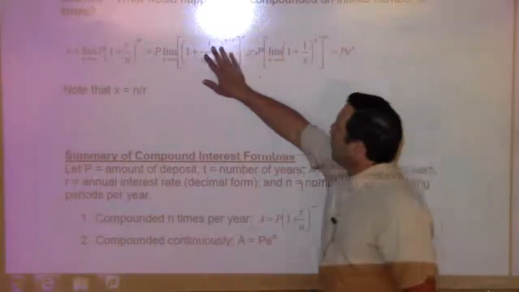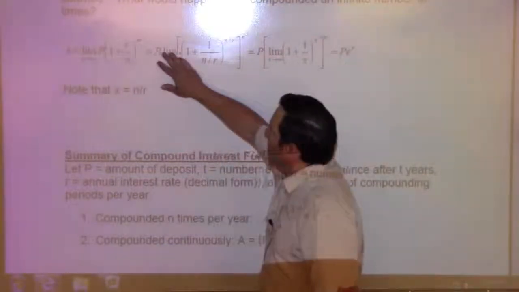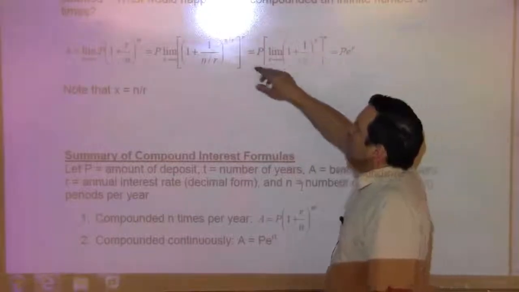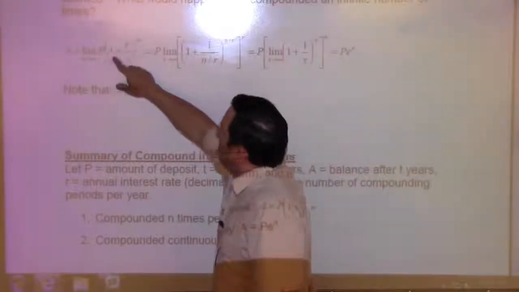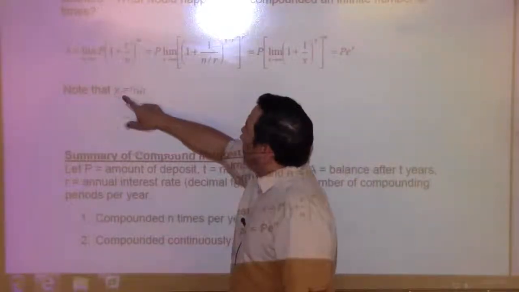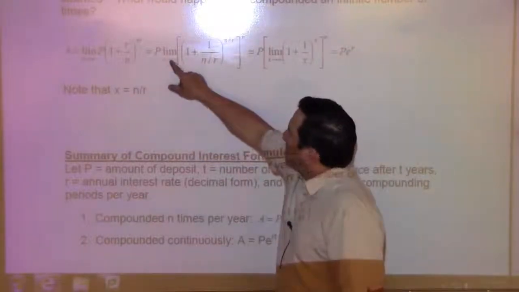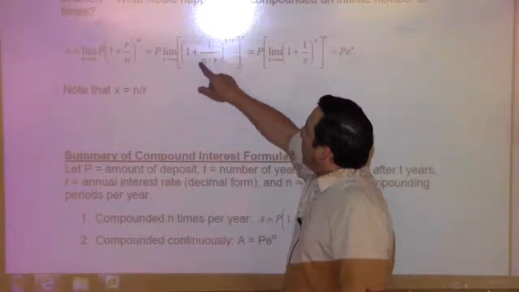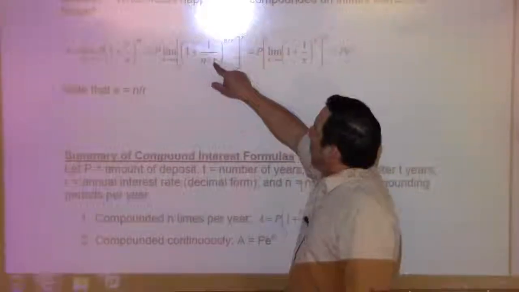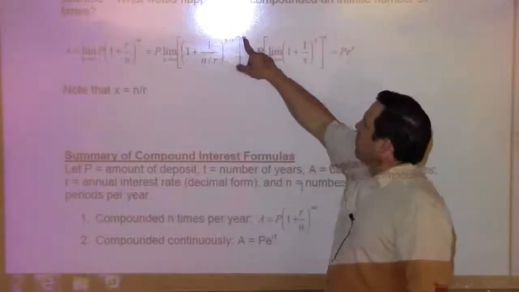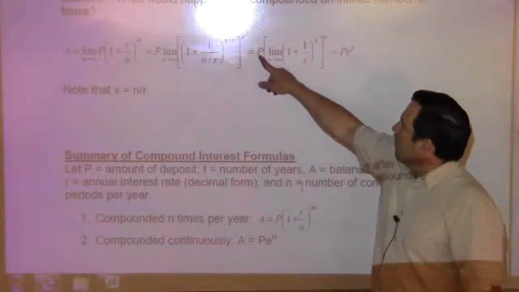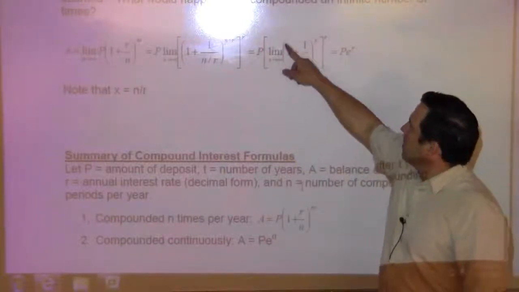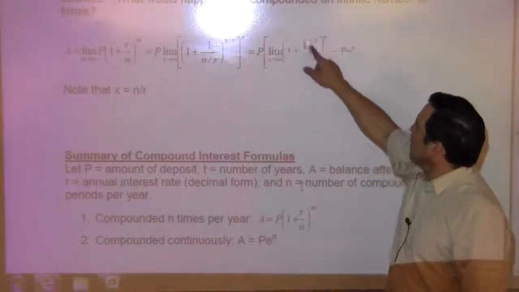this is from your pre-calc days, and we talked about taking your compounding period going to infinity. And here we define x to be n over r, so x goes to infinity, 1 plus 1 over n over r to the n over r times r. So it's going to be P times the limit as x goes to infinity of 1 plus 1 over x to the x.